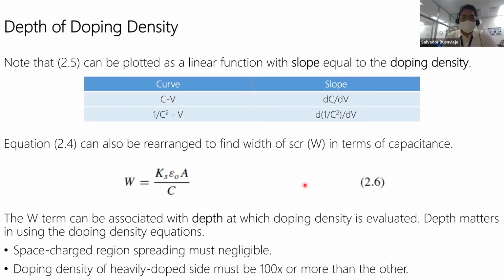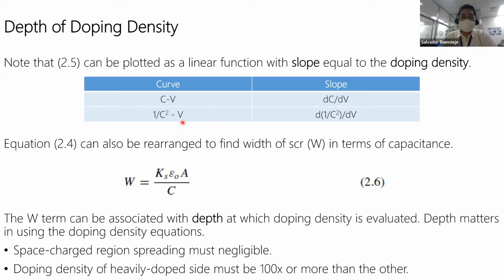Okay, so this is a summary of the important relationships we got from equation 2.5. Note that equation 2.5 is actually a linear function wherein we can plot the CV curve and the 1 over C squared V curve, wherein the slopes are as follows. For CV, it's dC over dV.